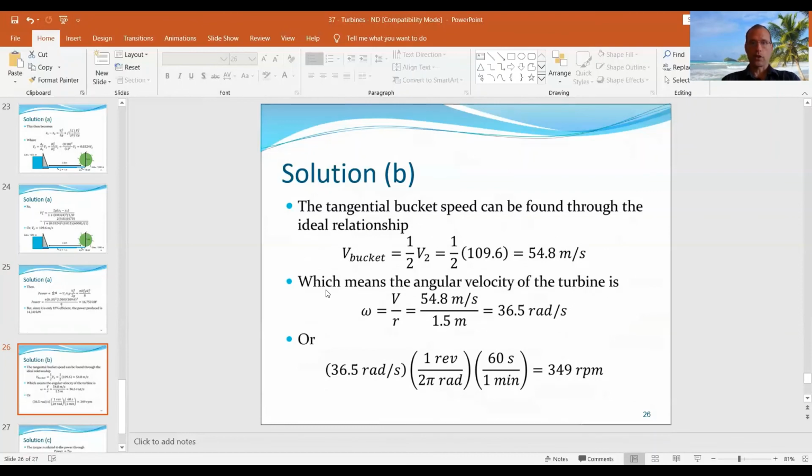You can then find the angular velocity by taking that tangential velocity and dividing it by the radius of the wheel, which is 1.5 meters. And that gives me an angular velocity of 36.5 radians per second, or more standard units in RPMs. Just make that conversion. So 1 revolution over 2 pi radians, 60 seconds in a minute, gives me 349 revolutions per minute for that water wheel.